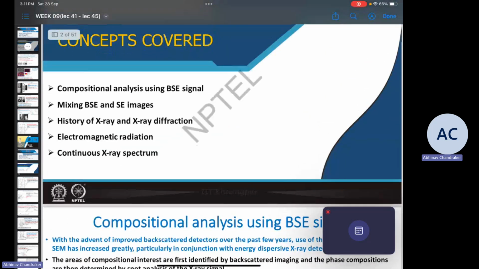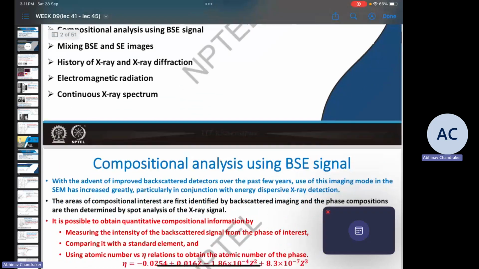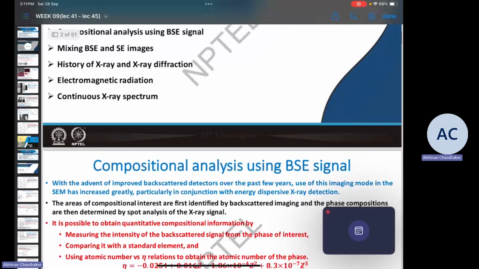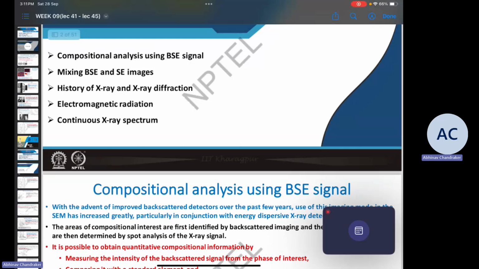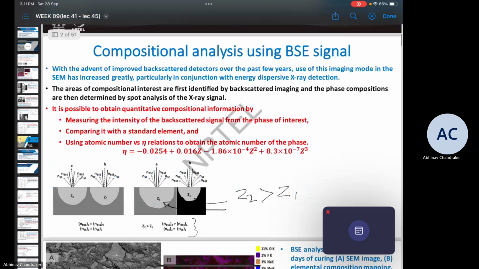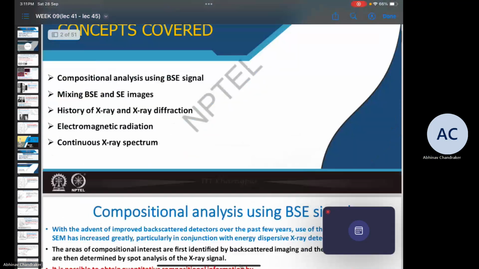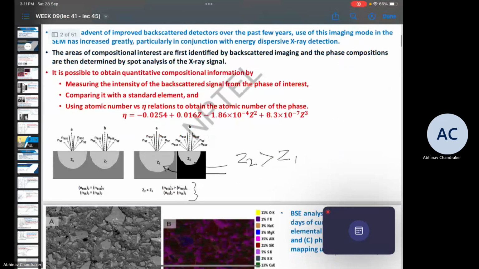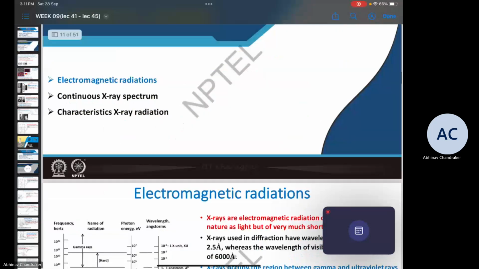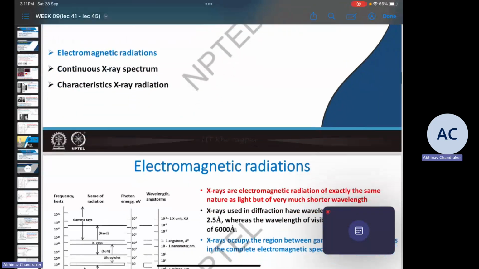So we started with compositional analysis techniques. We can do it using the BSE signal in SEM, that is backscattered electrons. Then X-ray generation was covered.